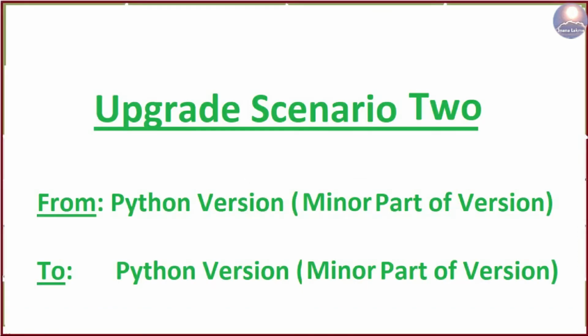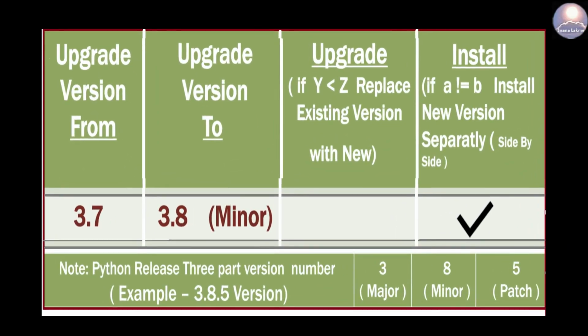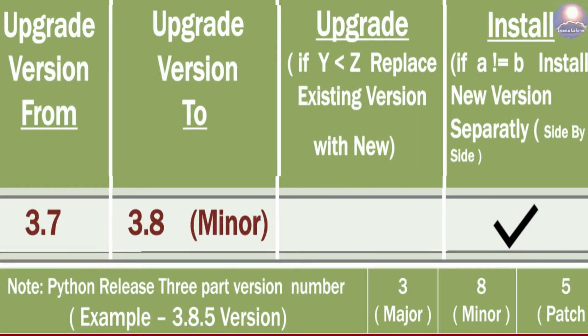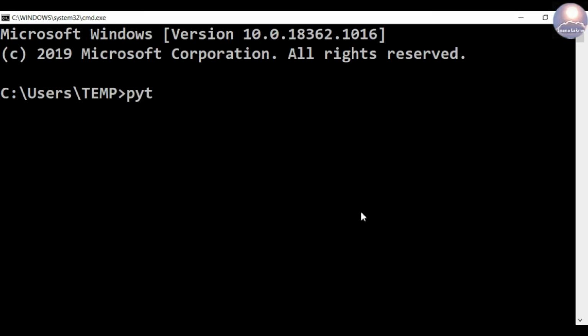Upgrade scenario 2. In case there is any difference in the minor parts of the version, then the new version of Python will be installed on the machine, as shown here in the table, upgrading from 3.7 to 3.8. So let us validate this second scenario.